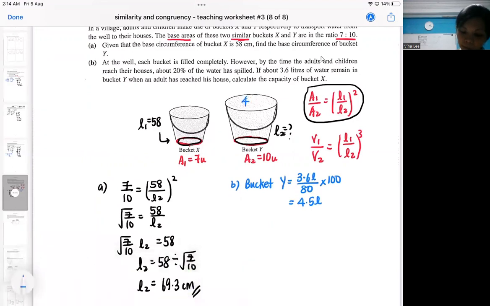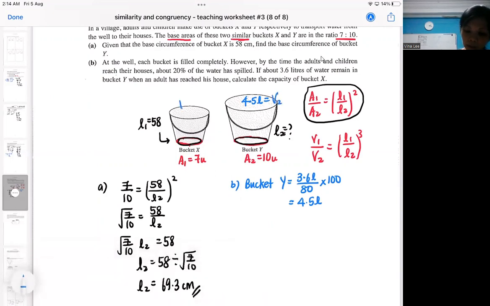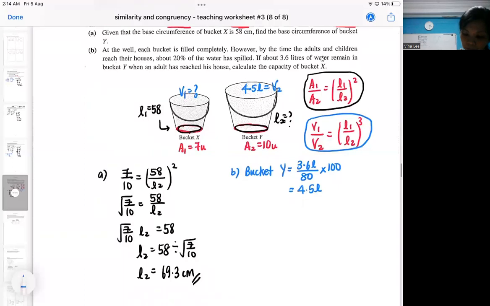So I'm going to compare the full capacity. This is my volume 2, and I would like to find my volume 1. So I should use the volume ratio. V1 over 4.5. Take the length ratio. Just now, where is my length ratio?